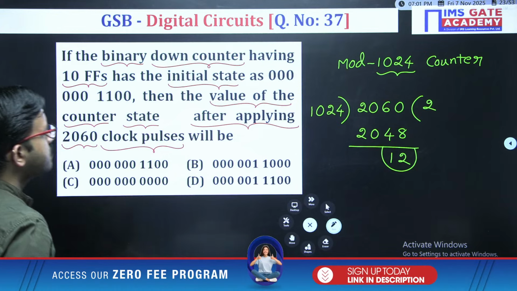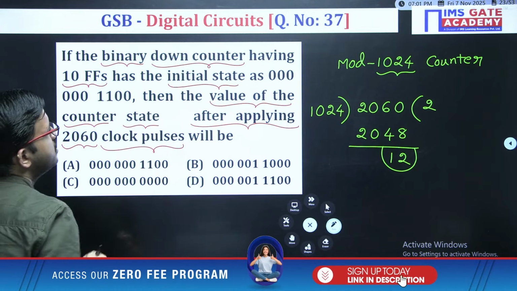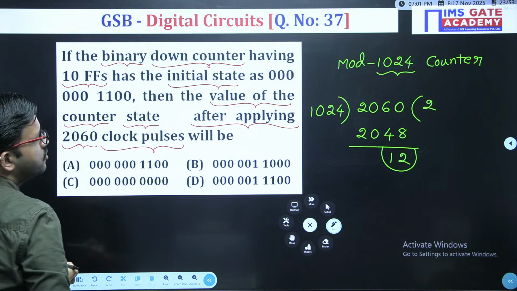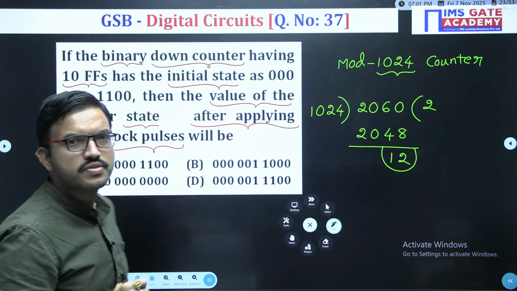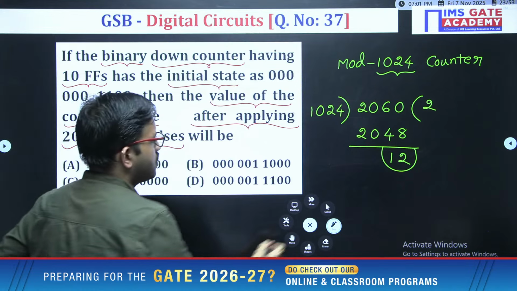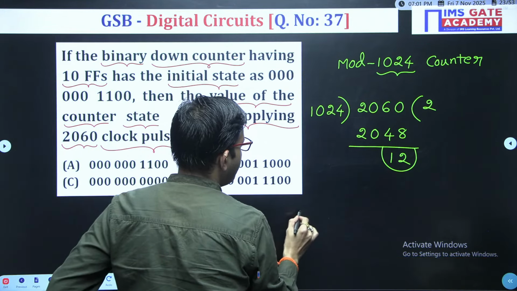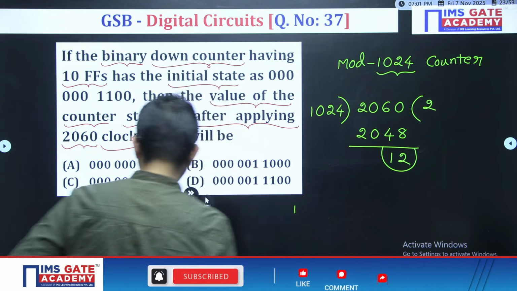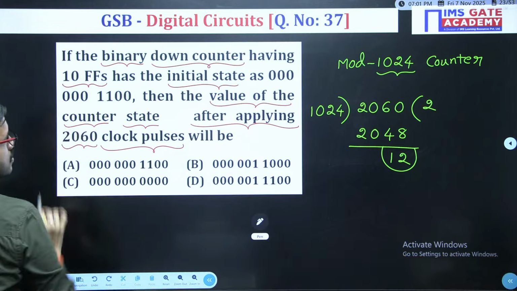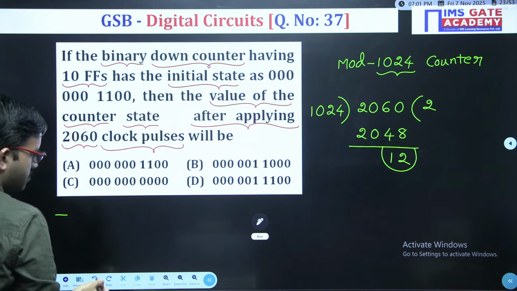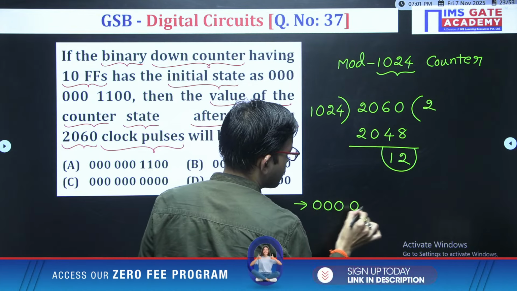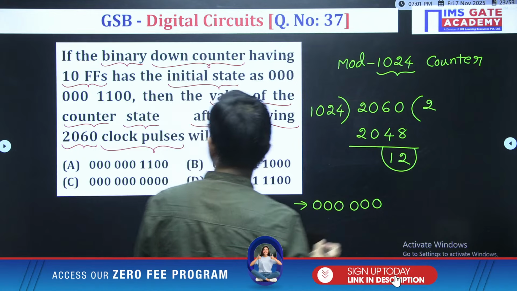Now, since it is a down counter, and the initial value, if you observe, is 6 zeros and then 1100.